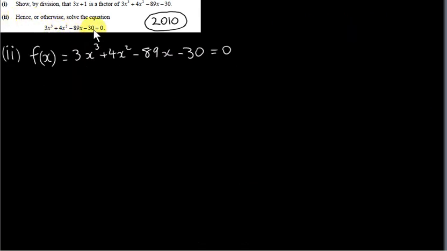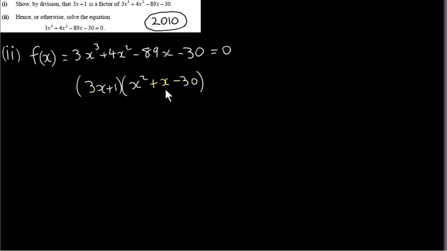In part 2, we want to solve this equation. Now I'm calling this cubic f of x, and we got the factors of it from part 1. We know that 3x plus 1 is a factor, and the other factor we got was x squared plus x minus 30.